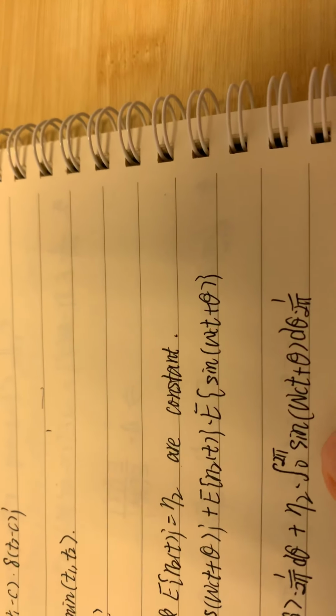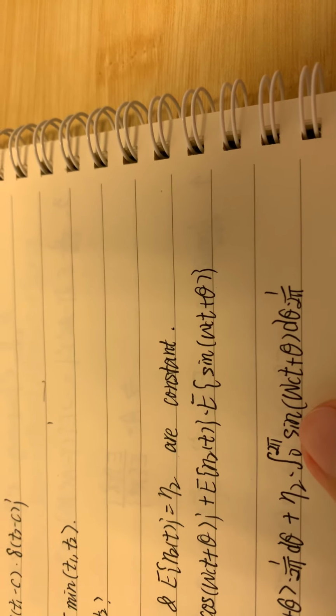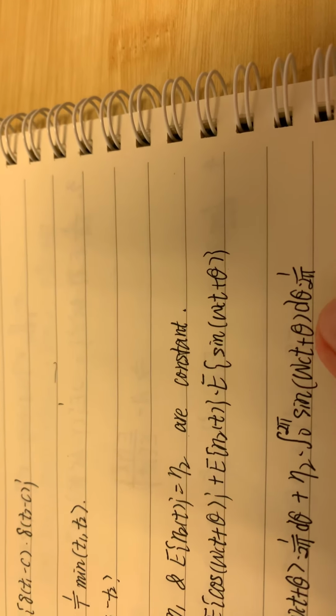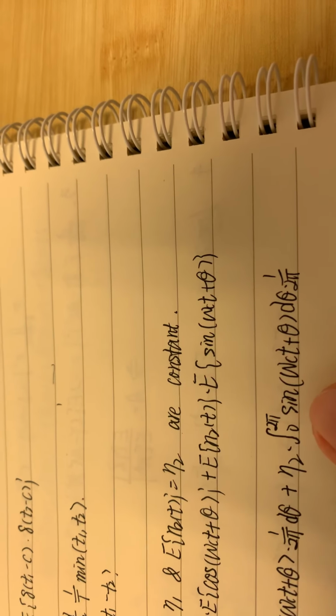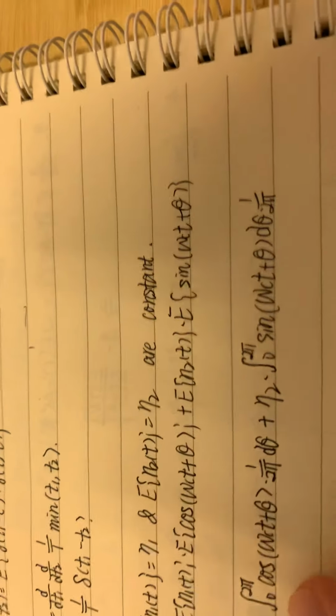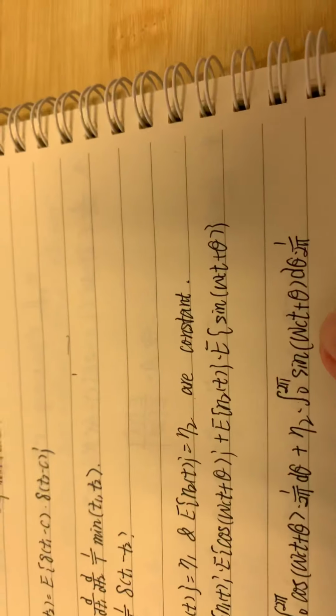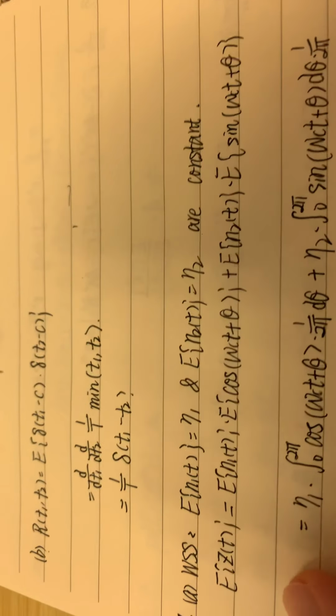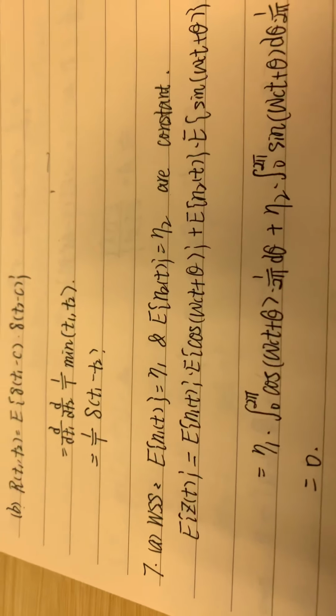Similarly, the integral of sine from 0 to 2 pi d theta also gives 0. So the final result for the expectation of Z(t) is 0.